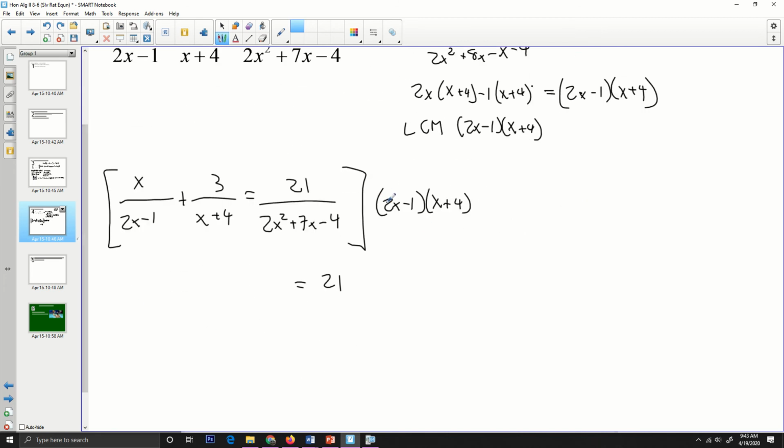And then when I multiply 2x minus 1 times x plus 4 times this second fraction, 3 over x plus 4, the x plus 4s are going to cancel out, and I'll have 3 times 2x minus 1. And then when I multiply x over 2x minus 1 times 2x minus 1 times x plus 4, the 2x minus 1s are going to cancel, and I'll have x times x plus 4.